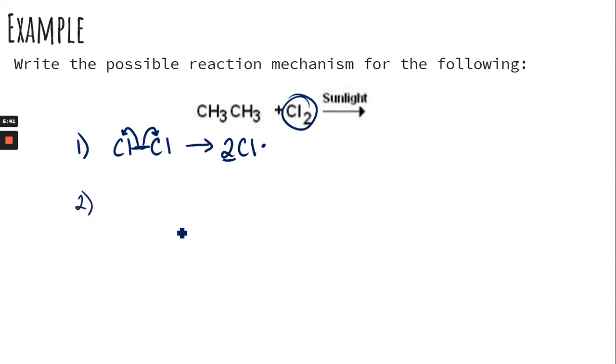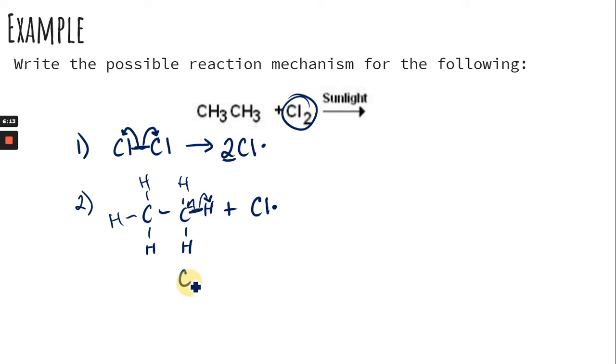Then for the propagation, you could take your ethane here, your CH3CH3, you can react it with one of those chlorine radicals, and what we'll see happen is one of these bonds with the hydrogen, it doesn't matter which one you pick, one of them, the hydrogen will get an electron and then the carbon gets the electron.